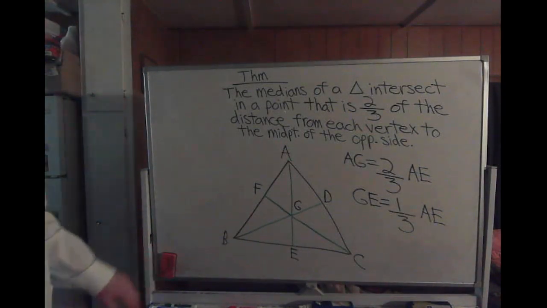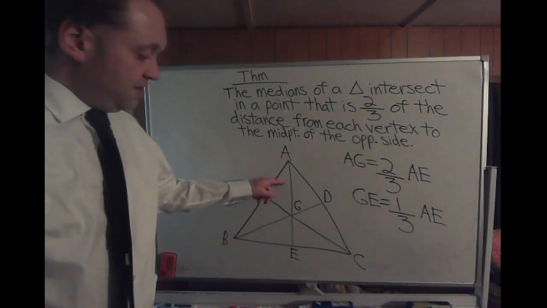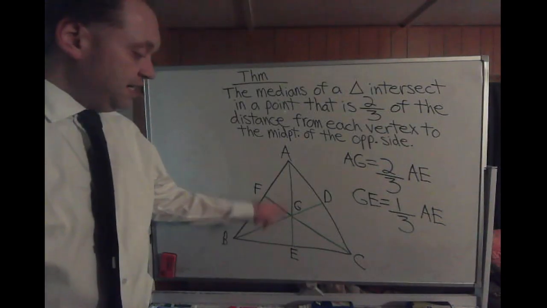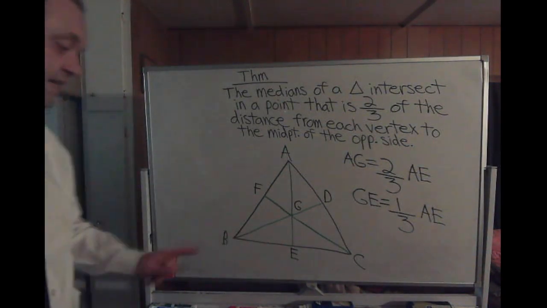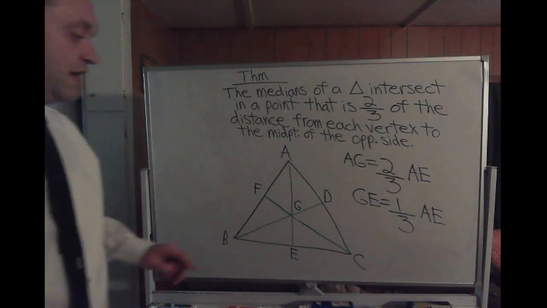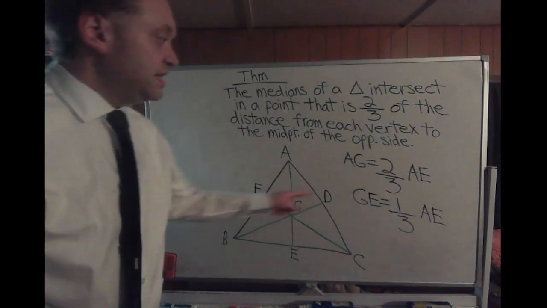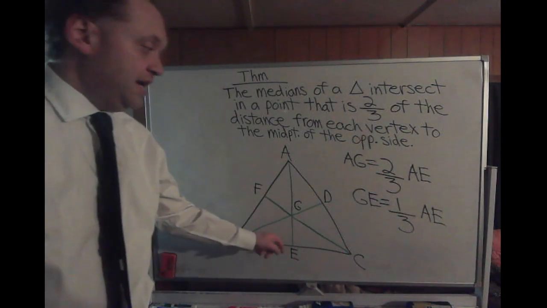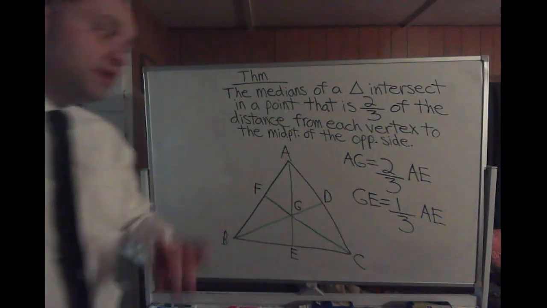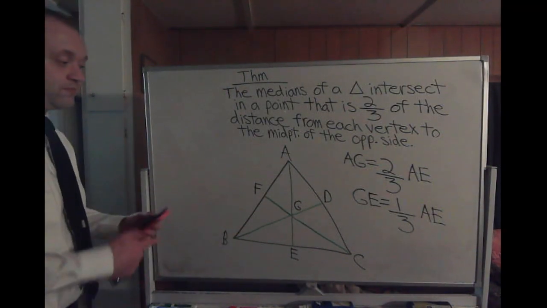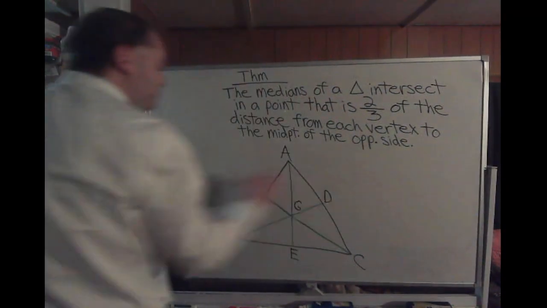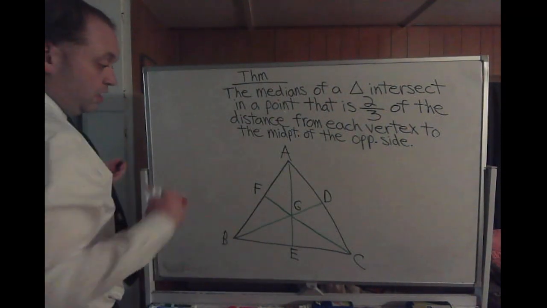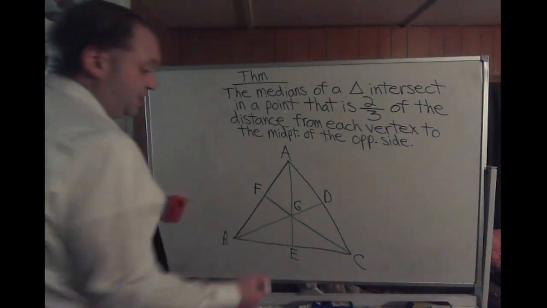All right, so you have AE, which is the median from vertex A to side BC. That means that AG is equal to 2/3 of AE, and then GE is equal to 1/3 of AE. And then likewise here, okay, let's look at FC or CF.